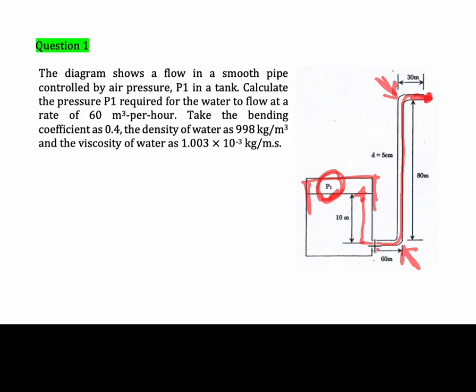And then the pipe has a similar diameter, which is diameter equal to 5 centimeter, and the length of the pipe is 60 meters plus 80 meters plus 60 meter plus 80 meter plus 30 meter. So we could conclude our question here as this one.